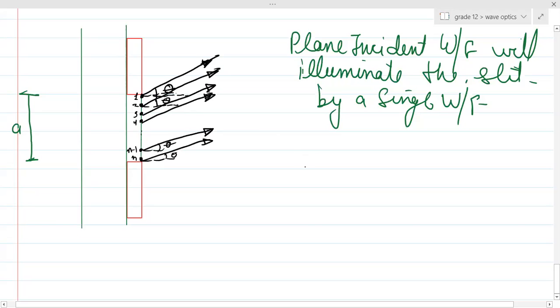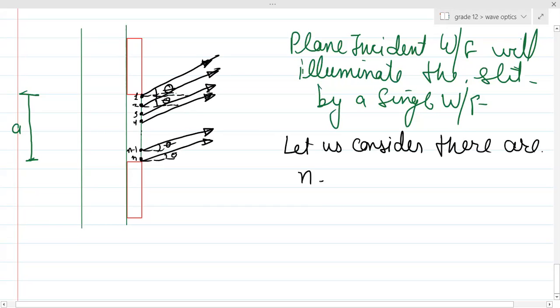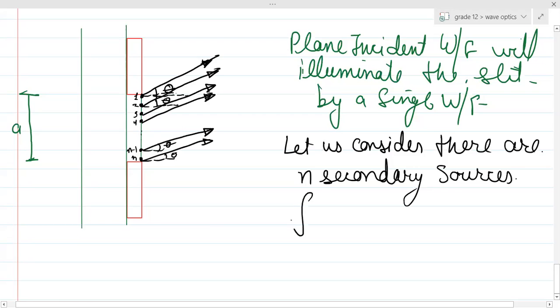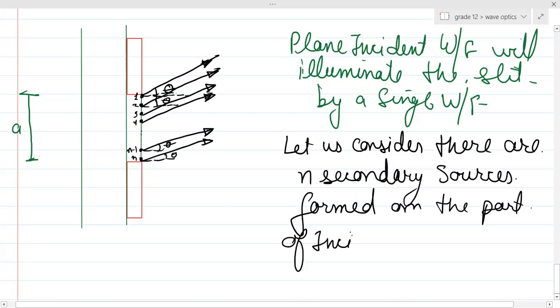So basically, let us consider there are n secondary sources formed on the part of the incident wavefront which is passing through the slit.